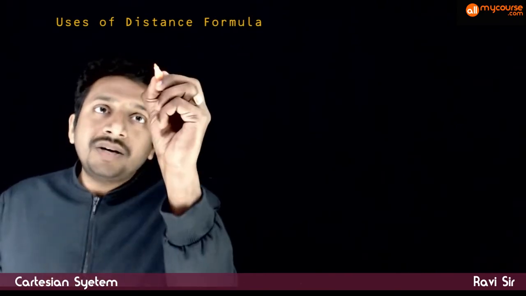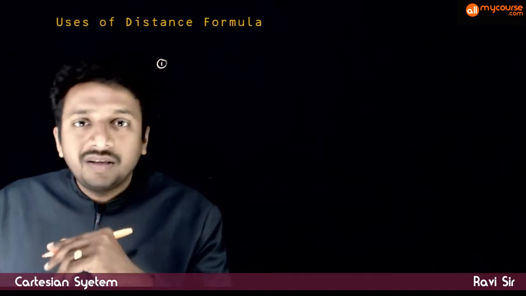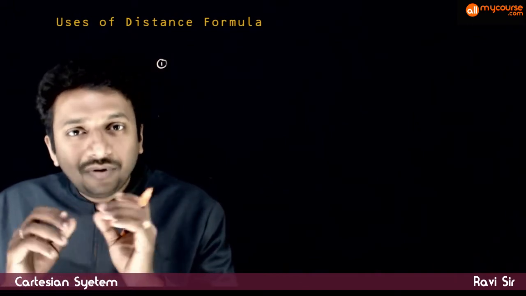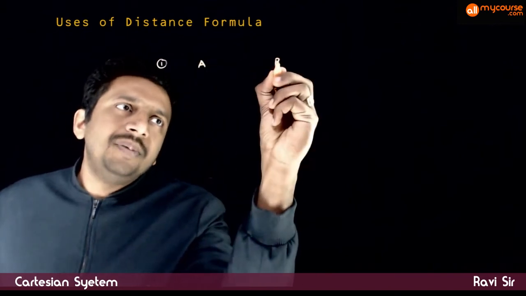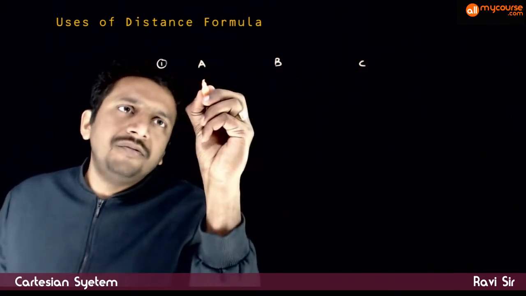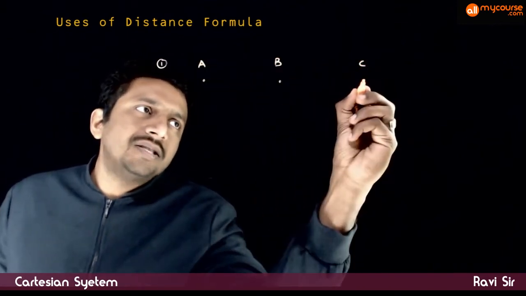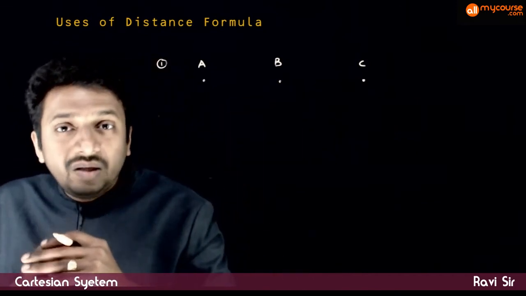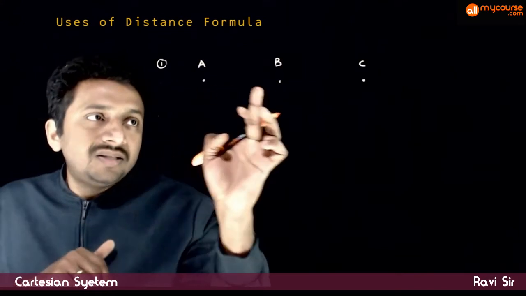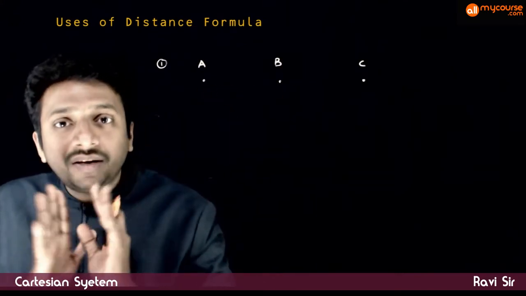So the first important situation is if you are given 3 points A, B, C. If you are given the coordinates of 3 points A, B, C, using distance formula, we can check whether these 3 points are collinear or not.